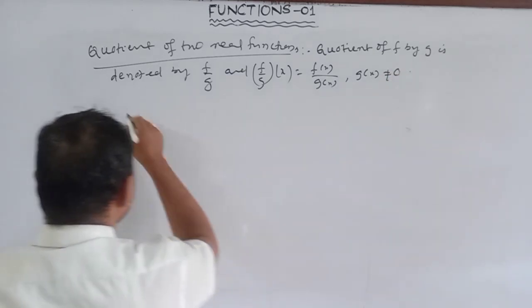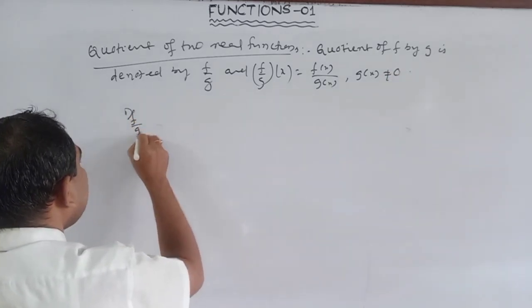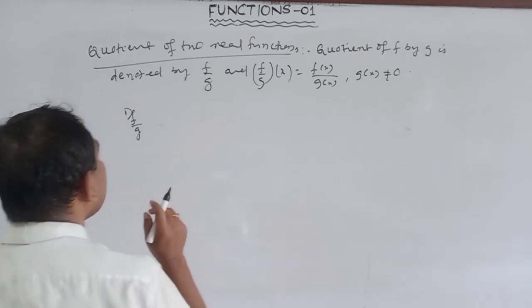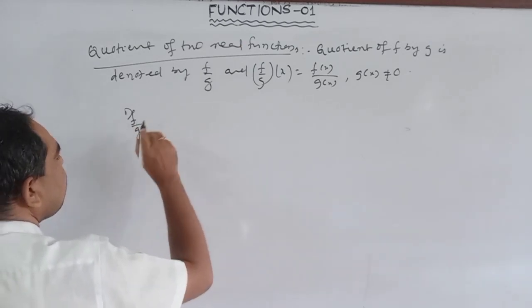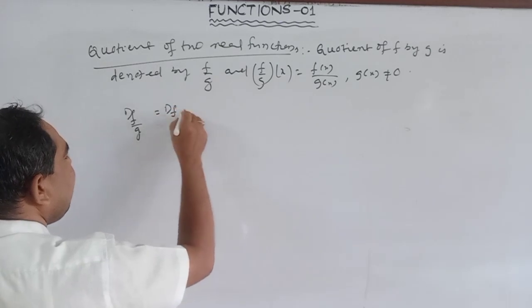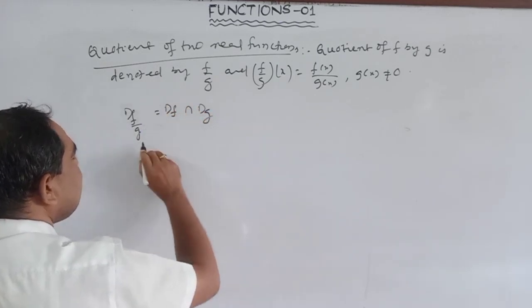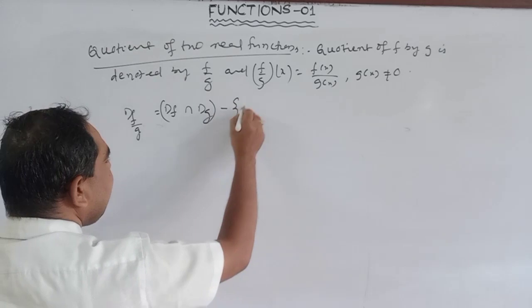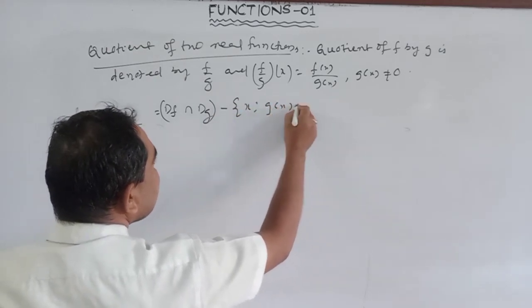So domain of f by g is equal to domain of f intersection domain of g minus the set of x such that g(x) is equal to 0.